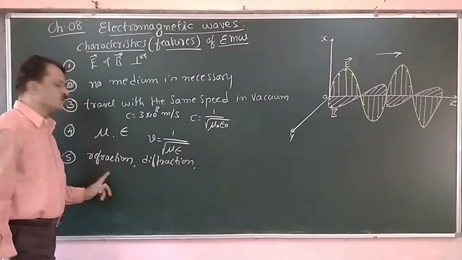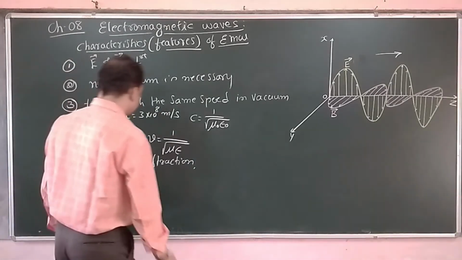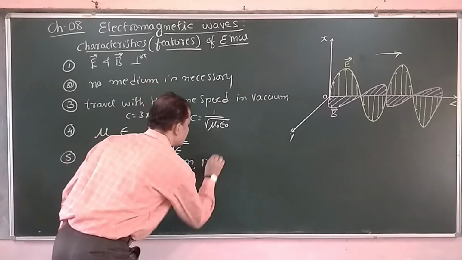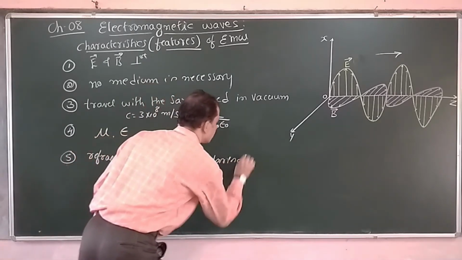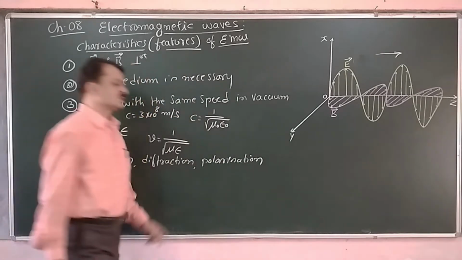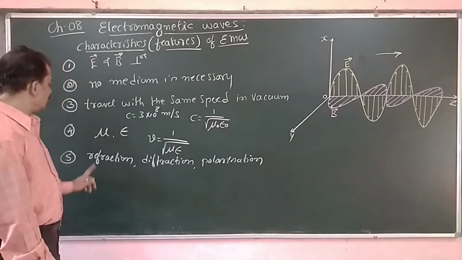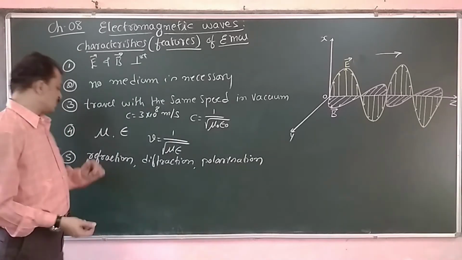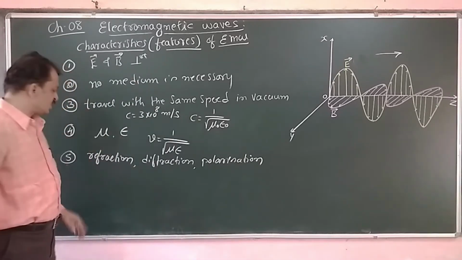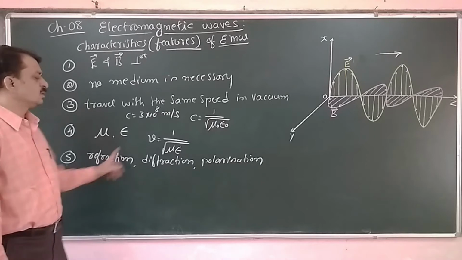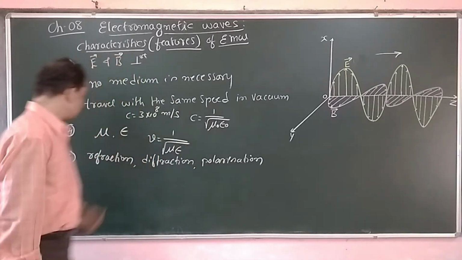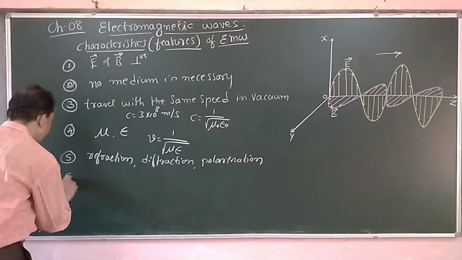All these phenomena you will study in the optics branch. Diffraction and polarization are phenomena related to light that we will study in optics. All the electromagnetic radiations undergo refraction, diffraction, and also polarization. That's the fifth property.